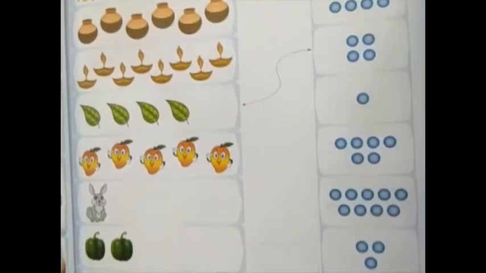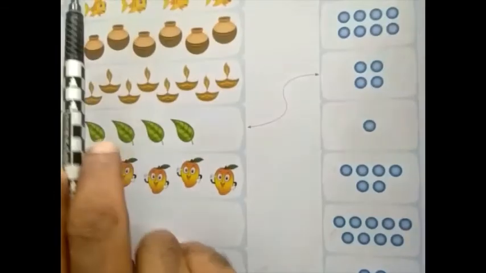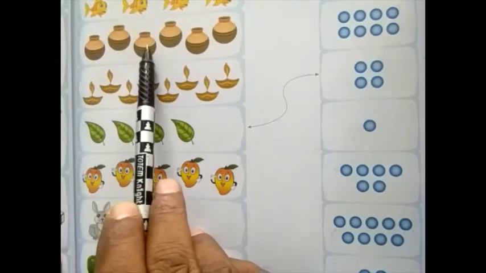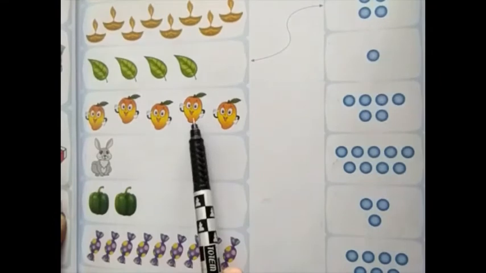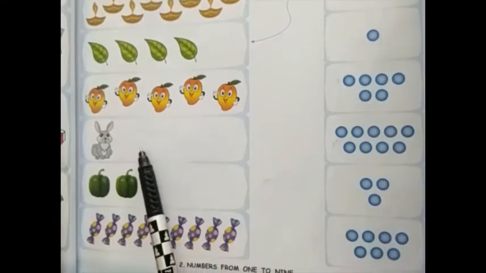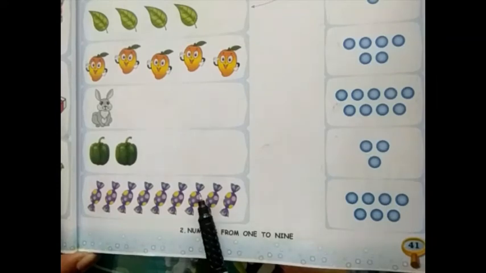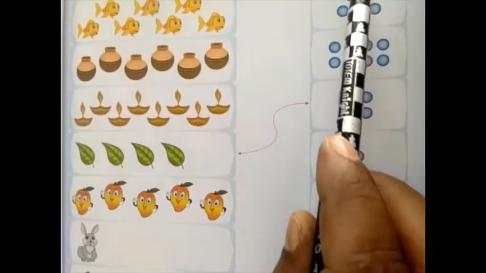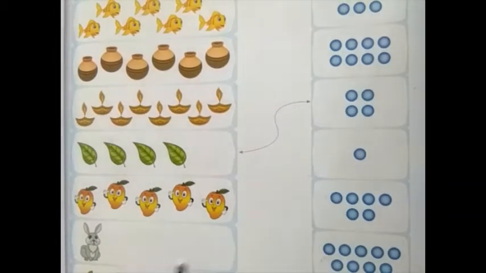You just draw the lines to the 3 dots here. The same way you count the fish, ant, goat, lamb, mango, rabbit, capsicum and toffees. So count the dots in this line and make lines according to the numbers.